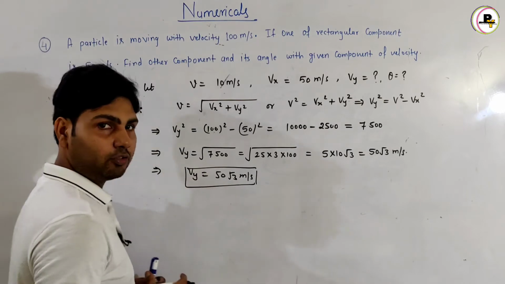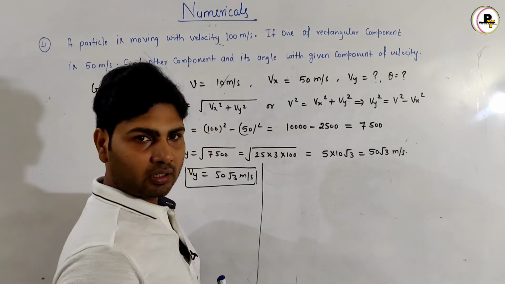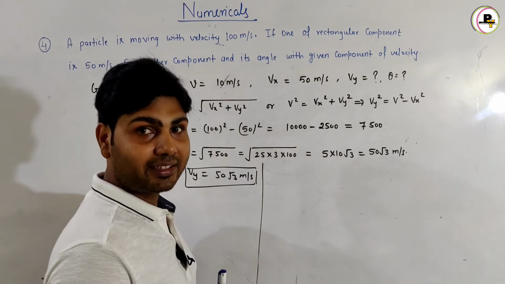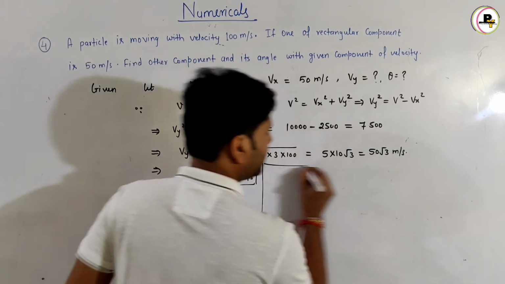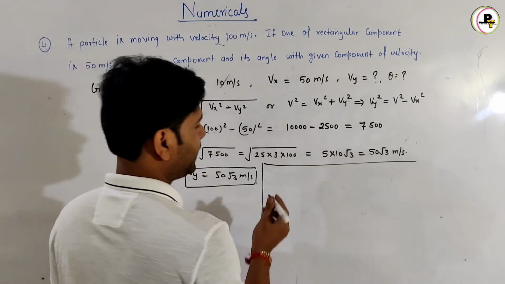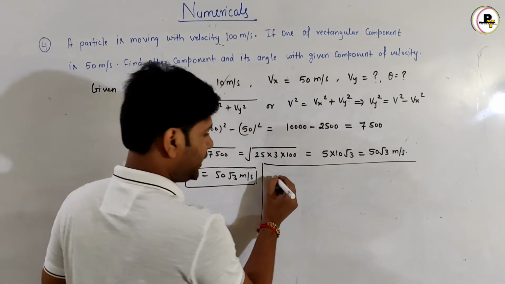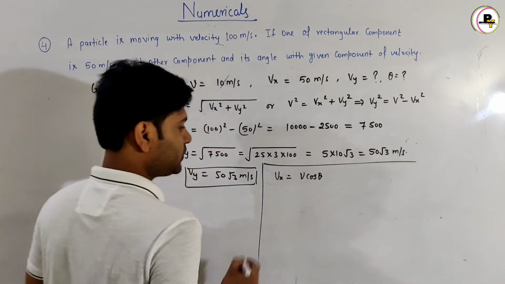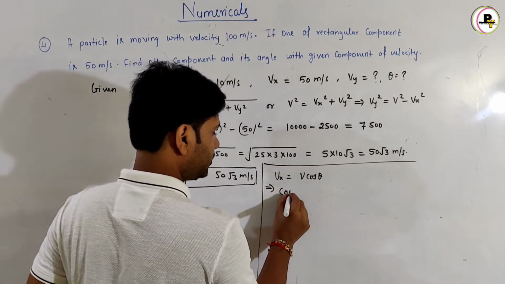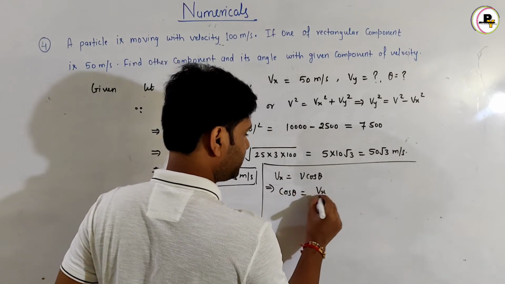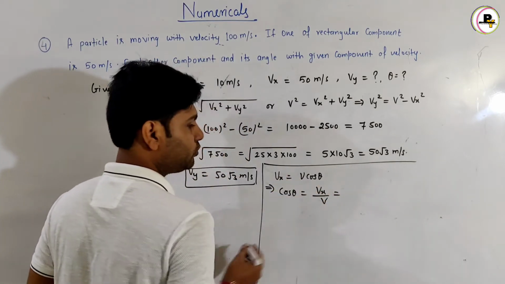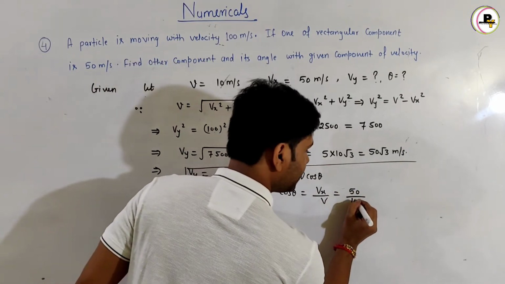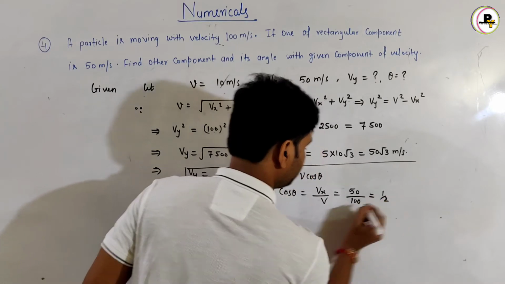Now what do I have to find? I have to find the angle made by the v vector with the x-axis. So here I have been given vx, and we know that vx is equal to v cos theta. So cos theta is equal to vx by v, and vx is 50 and v is 100, so it is equal to 1 by 2.